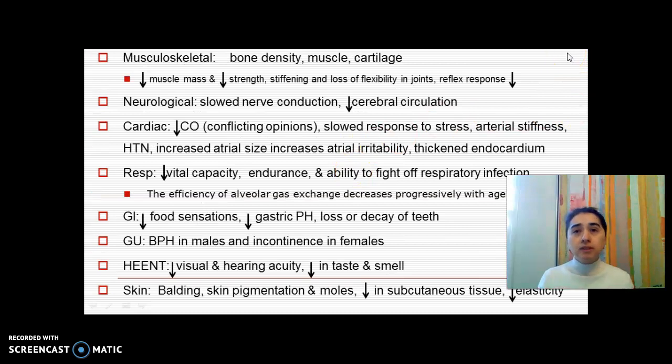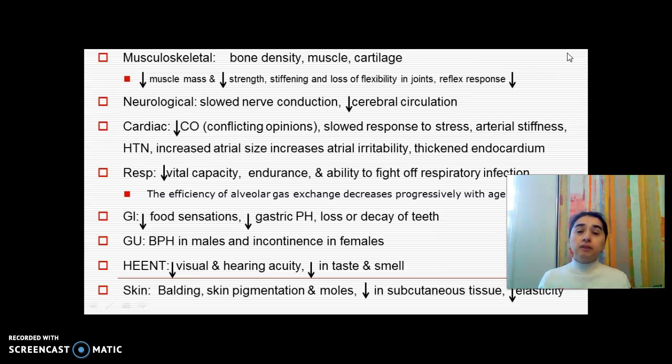So what happens with human body as we age? Almost every single system of human body ages, including musculoskeletal, neurological, ear, eyes, respiratory, cardiac, gastrointestinal, genitourinary. What specifically we will learn about different systems much later.